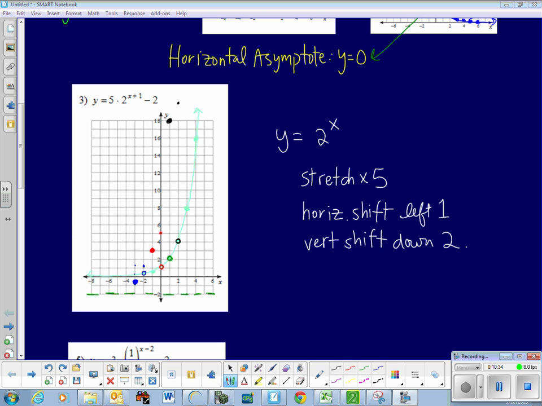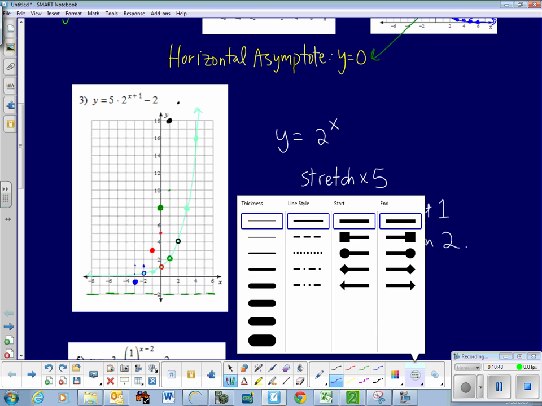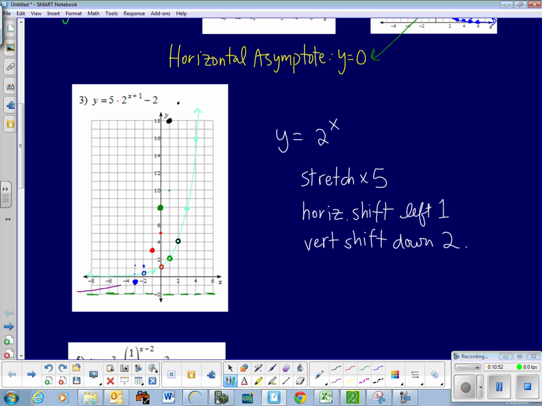Originally, height was 2. Stretch times 5 takes me to 10. Left 1, down 2. So all of those points together will give me my new graph. Approach the asymptote, and not the open circles, but the bold, different colored circles. That's my new graph. So that's how we apply our transformations to this graph.